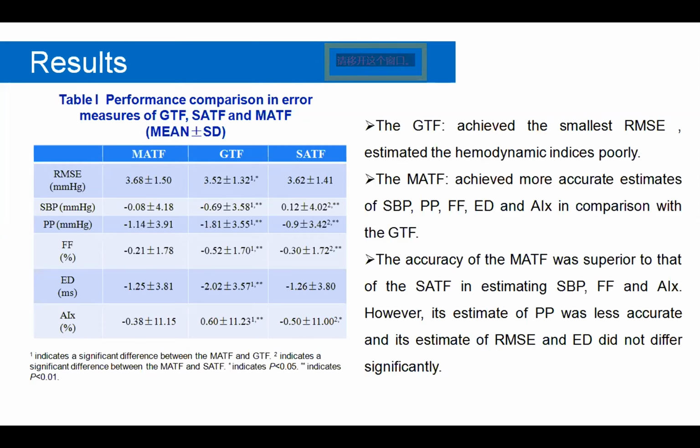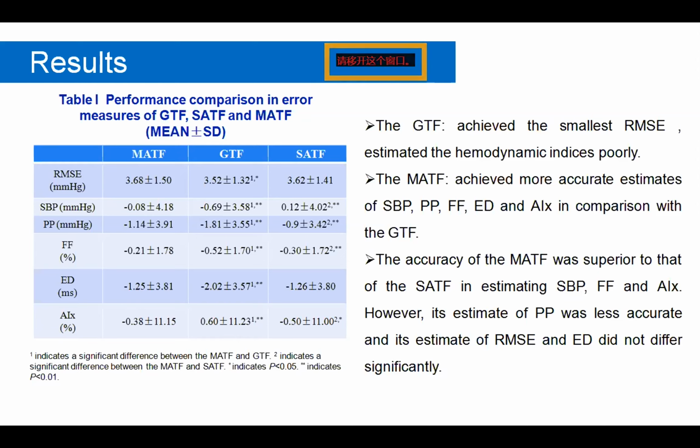Augmentation index was underestimated by the MATF and SATF, while it was overestimated by the GTF. The GTF achieved the smallest root mean square error among the three methods. However, its performance in estimating the hemodynamic indices was poor.